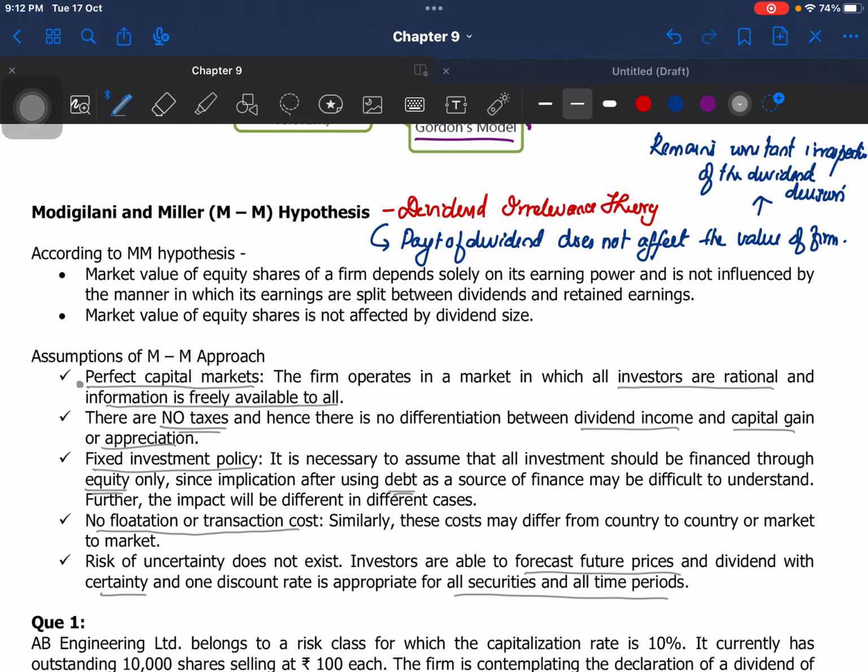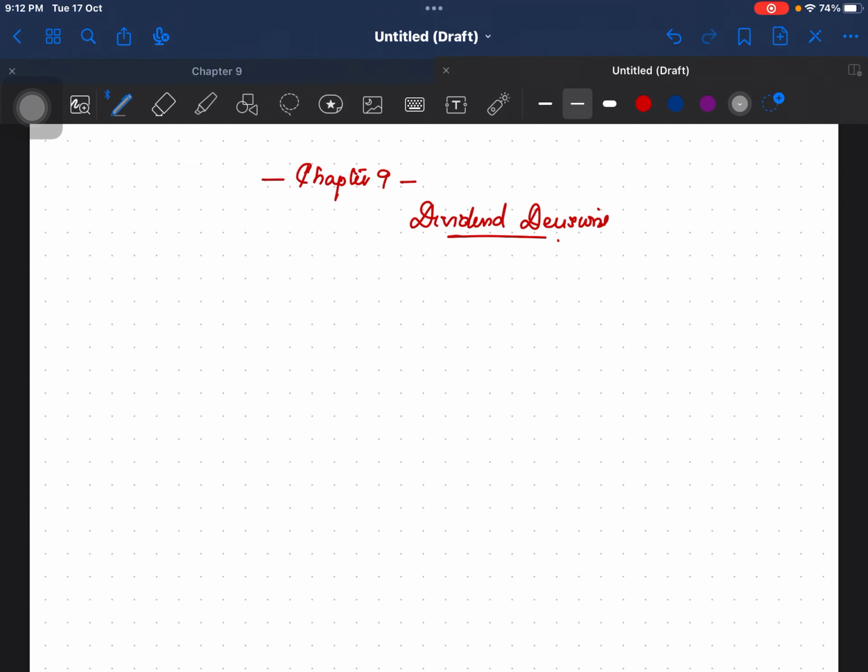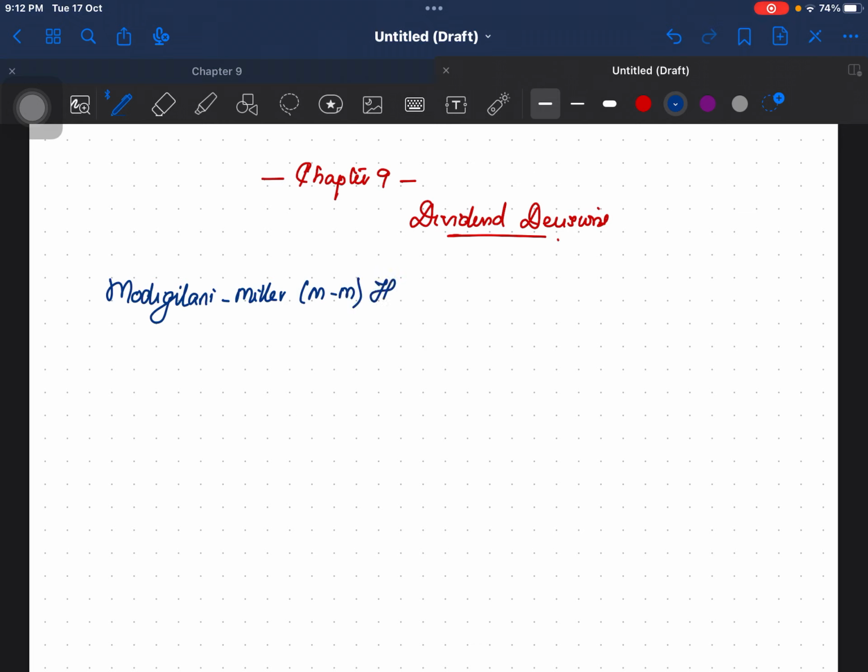Now, coming to the Modigliani Miller theory, this theory is used for determining the value of the firm.